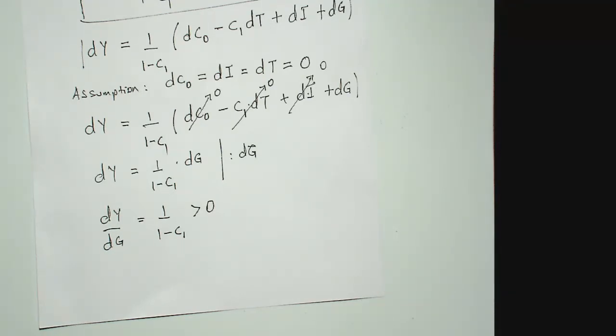How you interpret the positive sign of this dY over dG is a good exercise question for you to discuss among yourselves. The positive sign of the government expenditure multiplier can be interpreted in a way that if government expenditure increases, income would also increase, and if government expenditure decreases, income would also decrease.